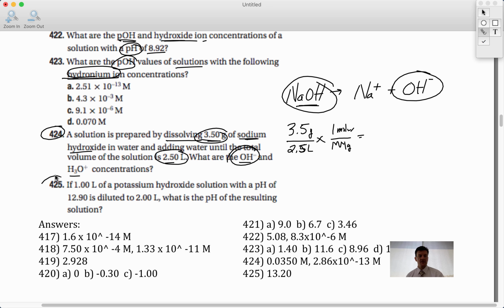And 425, if 1 liter of potassium hydroxide solution with a pH of that is diluted to 2 liters, what is the pH of the resulting solution? Okay, so basically what you need to do here is you are given volume and you're told the pH is a certain amount. Okay, so pH, if you remember, is the negative log of the concentration of the hydronium.